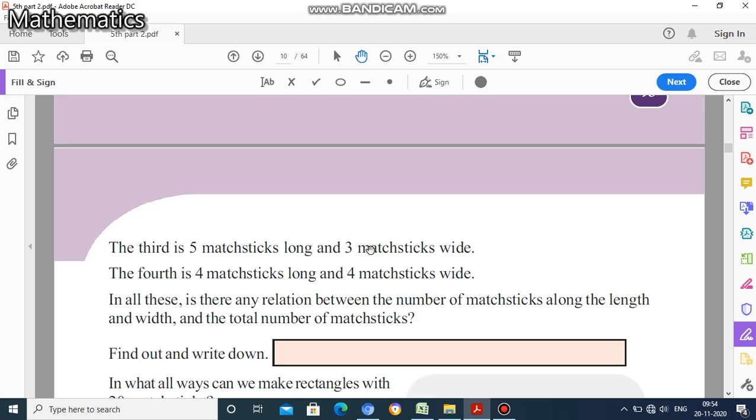Then what is the similarity? The length plus width is half of the total.